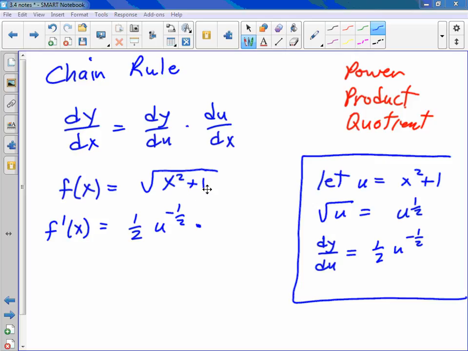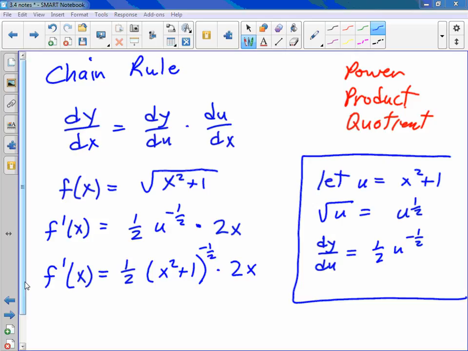Yeah, there you go, times 2x. Okay? And then we substitute the u back in, and we get f prime of x equals 1/2, what was u? x squared plus 1 times 2x, to the negative 1/2. My bad.